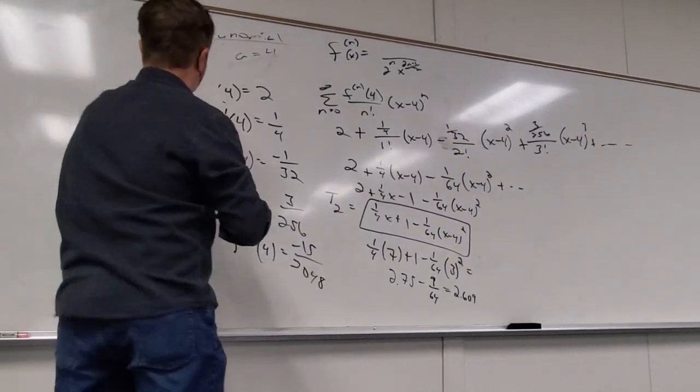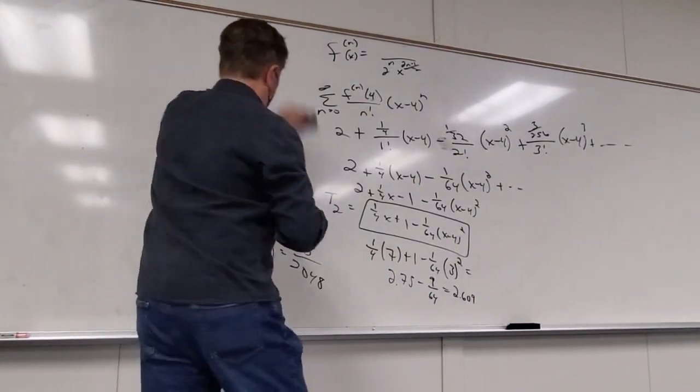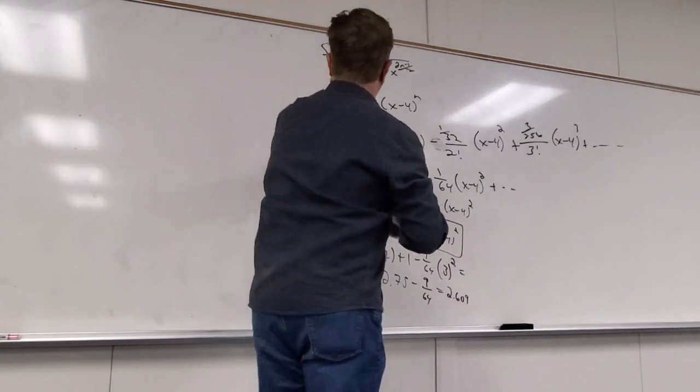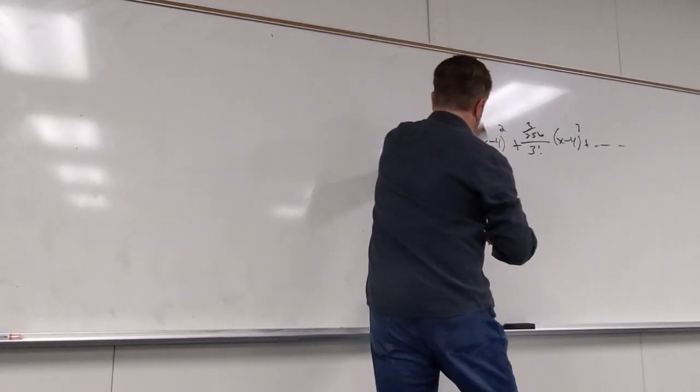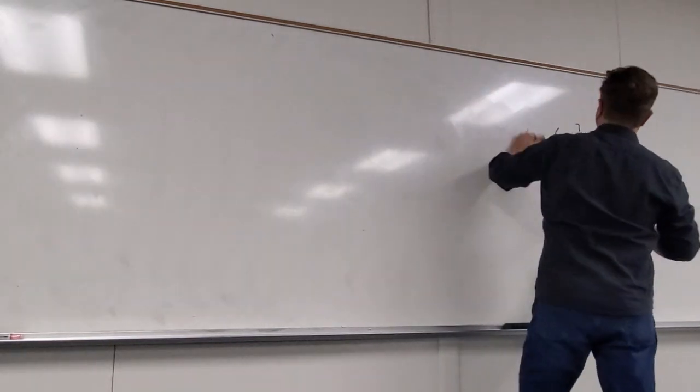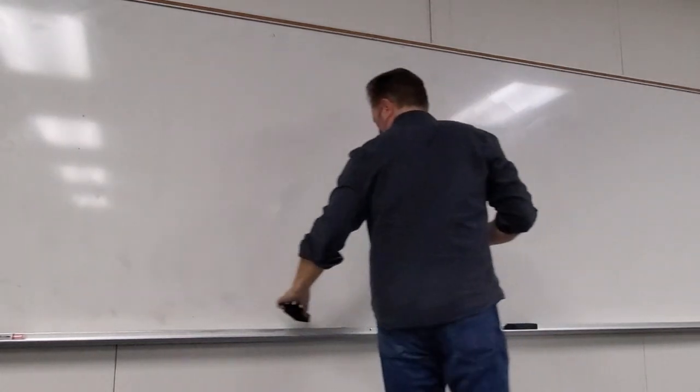So on the test, are you going to tell us how many derivatives you want? I'll either tell you, so if I ask you to find like T3, I mean stop at the third term.